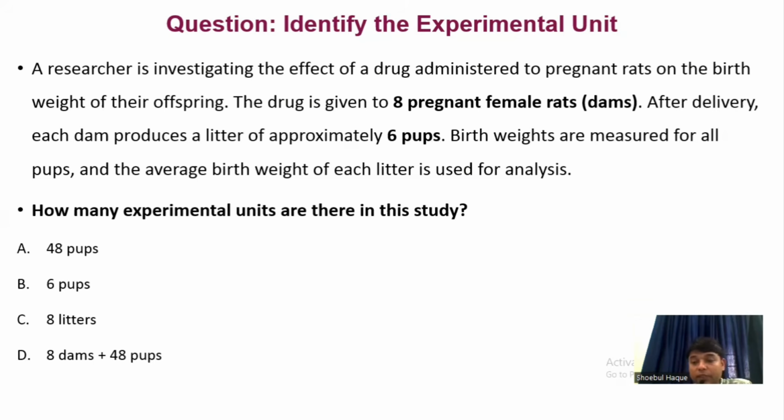We have to count the litter as a single experimental unit, because we are going to provide the diet through the litters. So these cases are for easily finding out the experimental units for our experiments. Correct answer is C. 8 litters will be counted as the 8 experimental units.